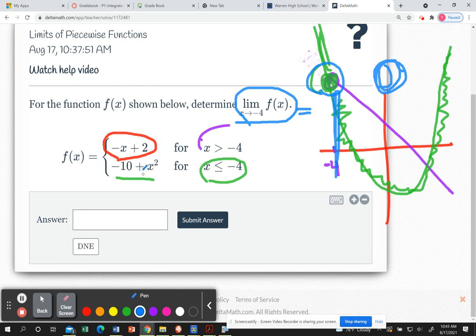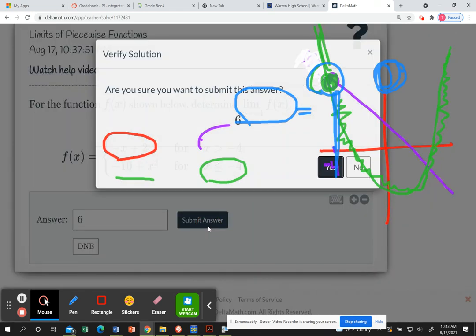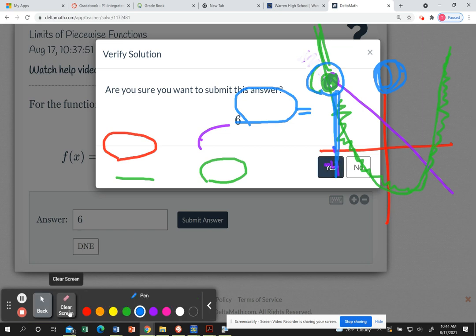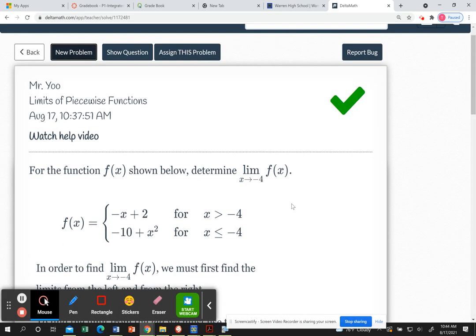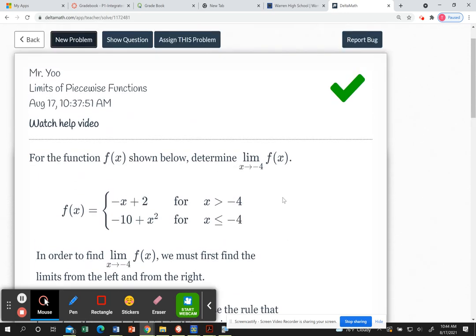Okay, I would agree. I would say it will be +6, isn't it? Yeah. All right, so let's go ahead and put +6. Submit your answer. Let me clear this because this is all messy. There you go. All right, so you can tell that a lot of it is with your graphing calculator.